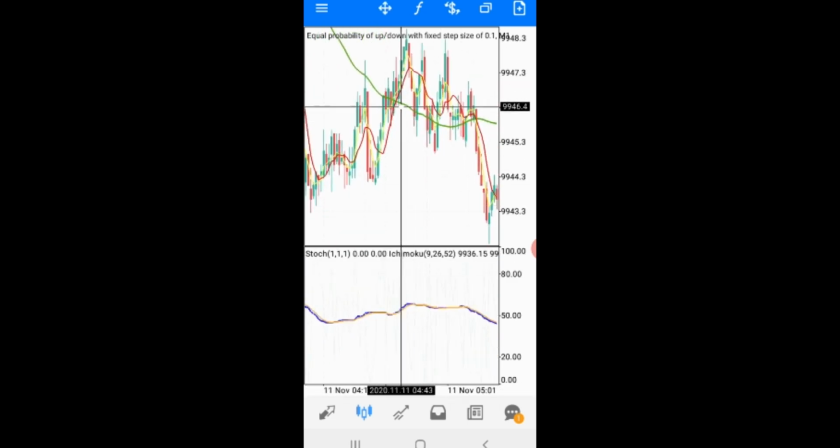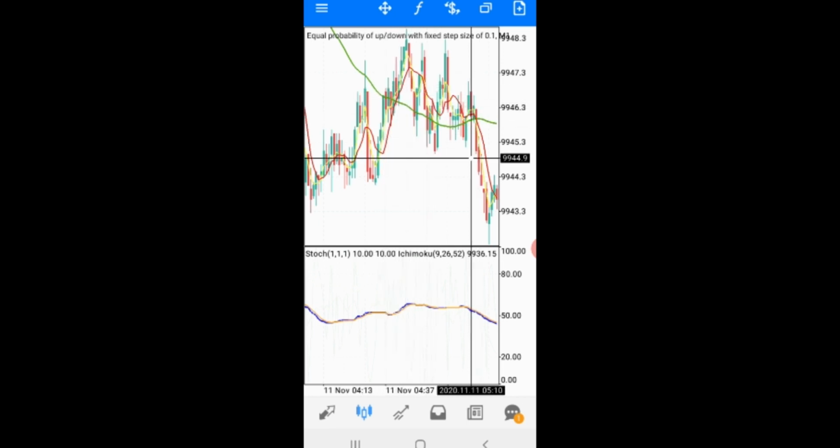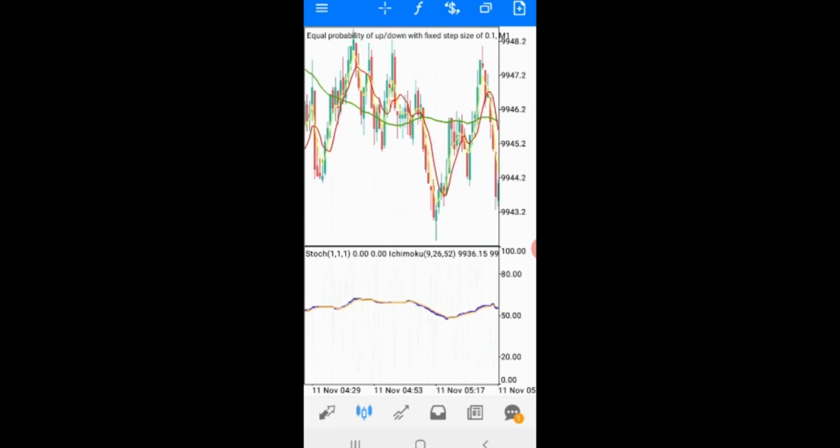Why? Because it was not at the oversold level. So many people think it has crossed. If you are using only this criteria to confirm the trade, you will lose here.